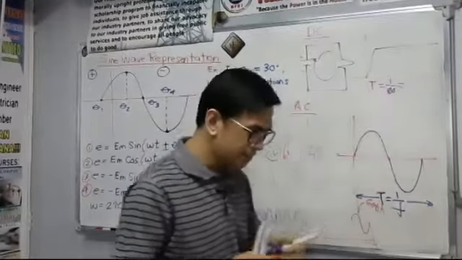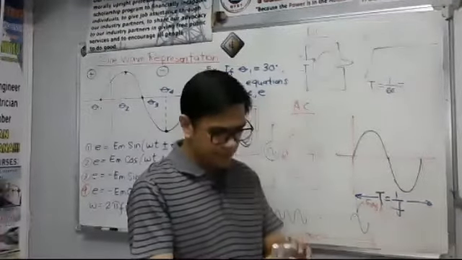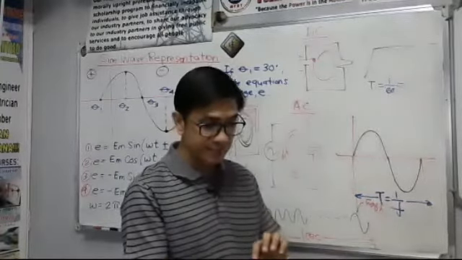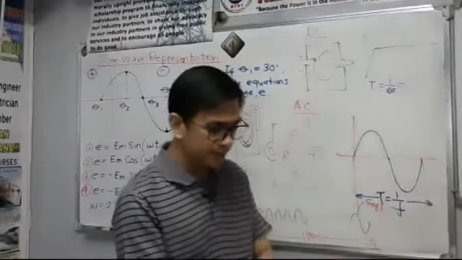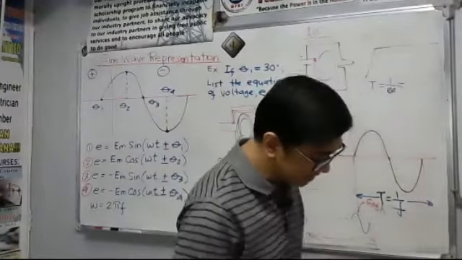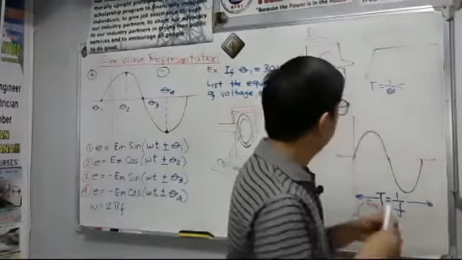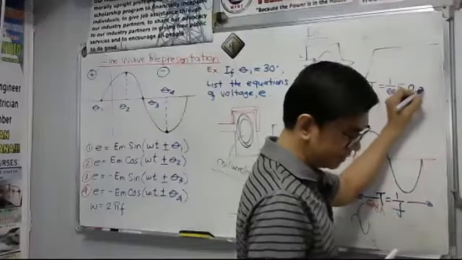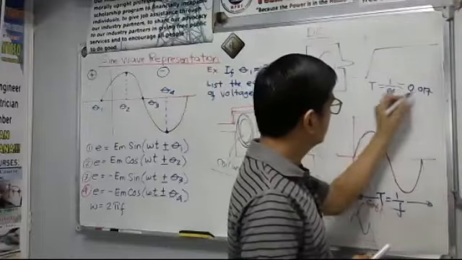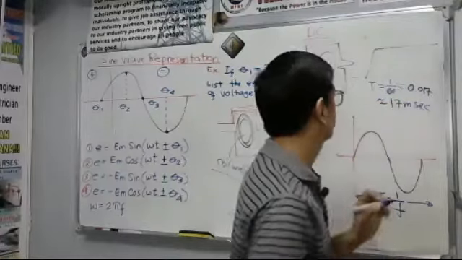What is 1 over 60 in our calculator? 1 divided by 60 equals 0.016666, so to round up, 0.017. Approximately we have 17 millisecond.